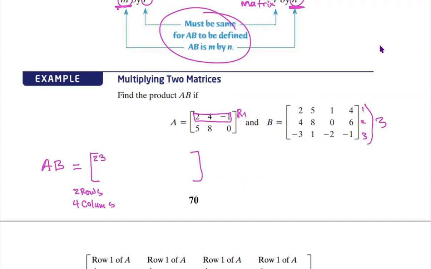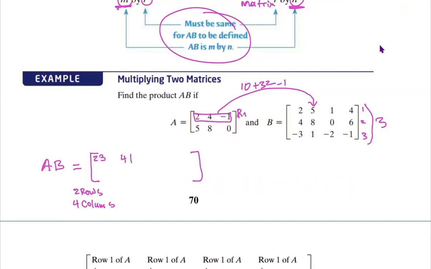So now let me go with the first row and first column and first row and second column, right? So that's 2 times 5, 10, 4 times 4, 4 times 8, 32, -1 times +1, that's -1. So that gives me 41.